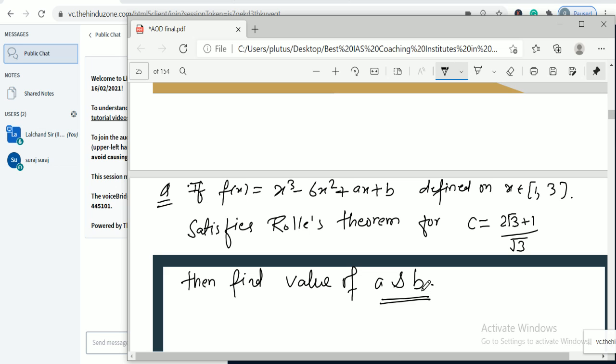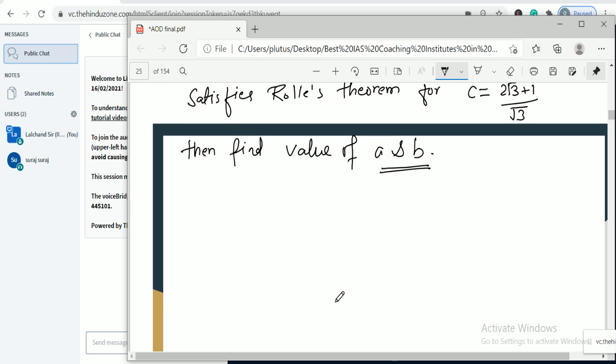If a function satisfies Rolle's theorem, what are the basic conditions? Can anyone repeat? Okay. Alright.